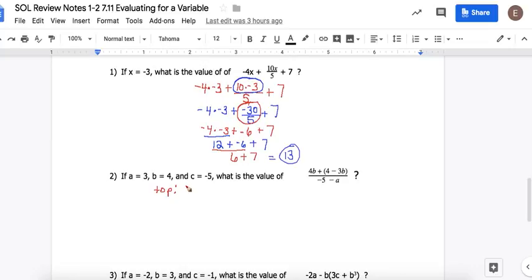So the top says 4 times 4, because B equals 4, plus 4, and I need to put that in parentheses, minus 3 times 4, because number in front of letter means to multiply, close the parentheses. And now I'm going to go ahead and do order of operations.